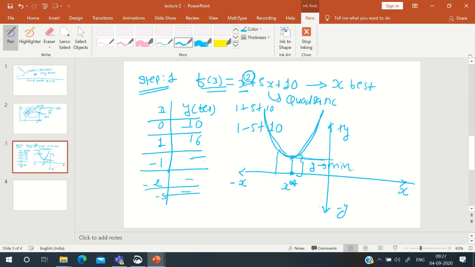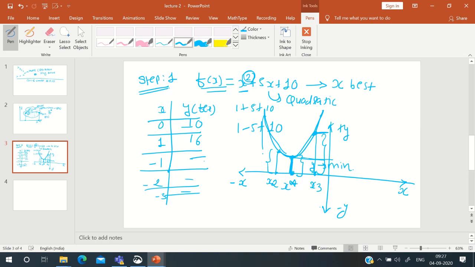For any other x which is different from x star, suppose this is x2, the y value is higher than this minimized value. If you consider any other point, suppose this is x3, so this function value, y value, is more than this minimum value.